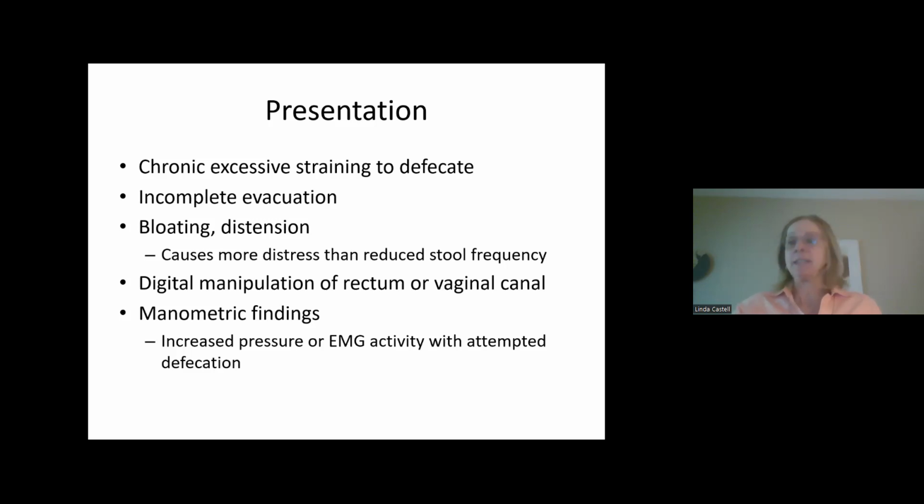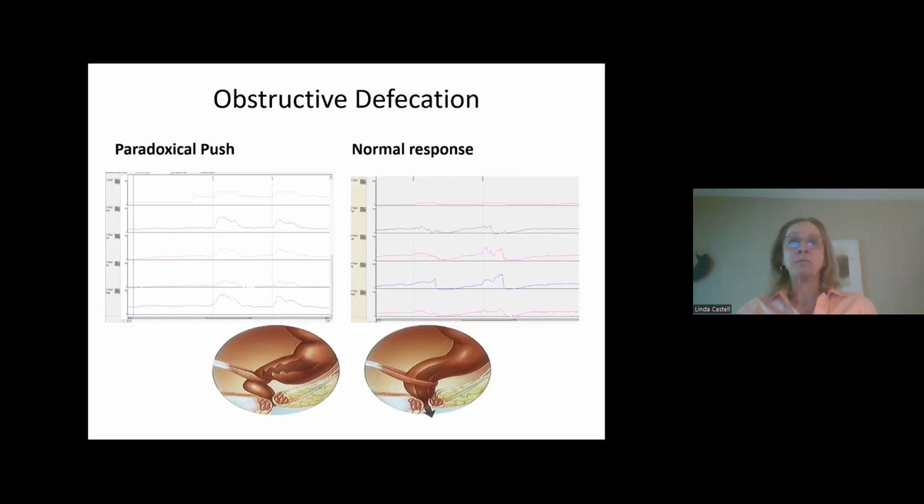They're basically squeezing. On manometry, when we ask our patients to push, on a normal push you should increase intrarectal pressure. You're pushing from above to push that stool down. So the normal response is increased intrarectal pressure on our proximal channel, which is our balloon channel.